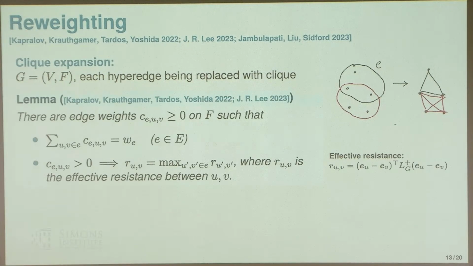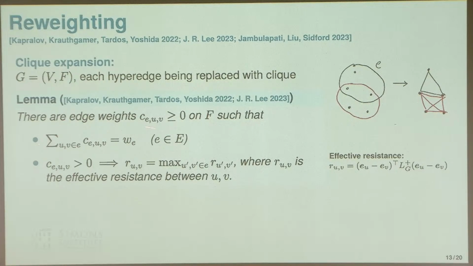And there's a nice lemma. This is a little bit complicated. What we want to do is assign weights to edges here. And how do we do it? First we have an edge for each hyperedge, and basically we distribute the weight of the hyperedge to edges in the clique corresponding to the hyperedge.